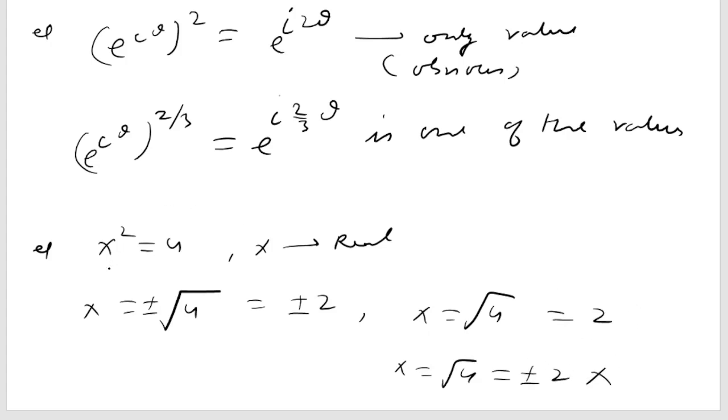So when x is real, in the case of polynomials we have done in grade 8 or 9, where we say x is equal to root 4, then it's only the value 2. Root 4 does not have minus 2 also, because this is the principal value, always positive, it will never give the negative value.